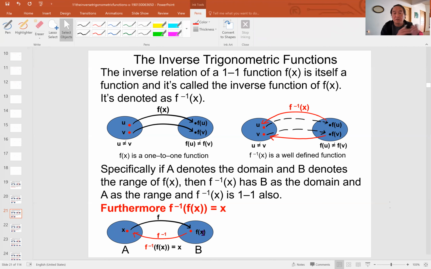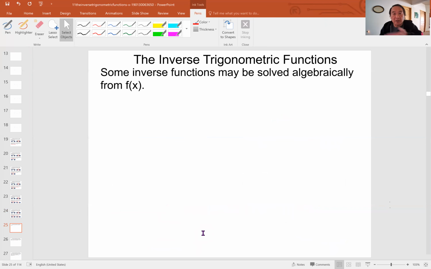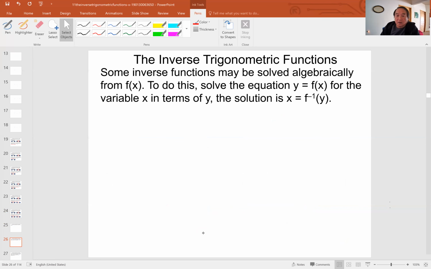So when I compose with f inverse, I get the identity function. I get x from x itself, and the same way the other way around. So this is the important algebraic formula between a pair of inverse functions. When you compose them, you get the identity function. x goes in, x comes out.